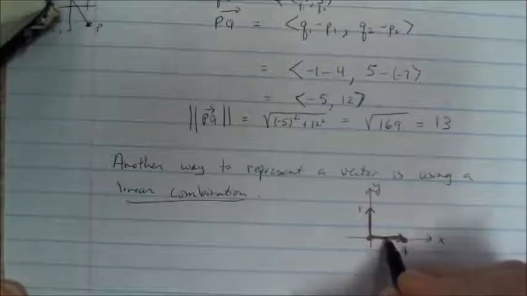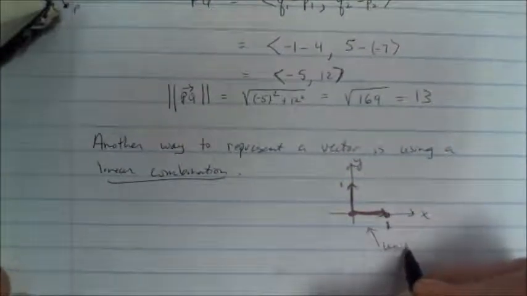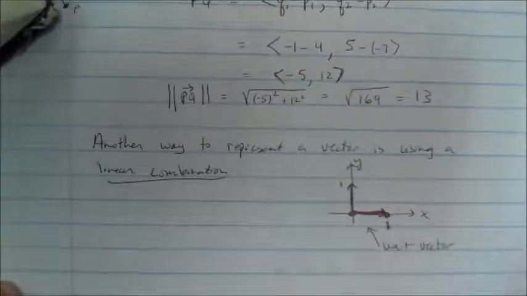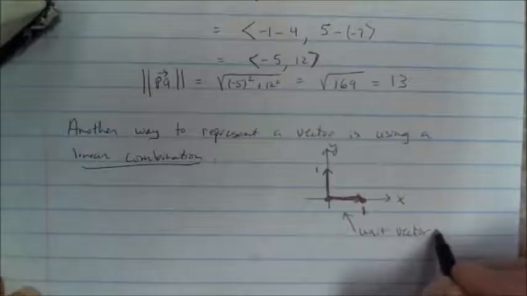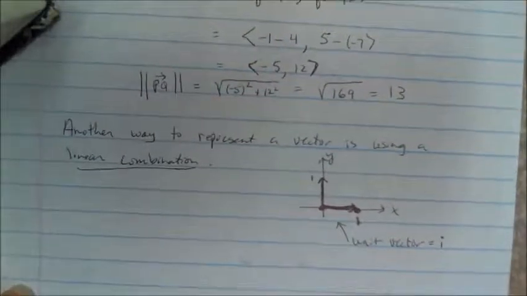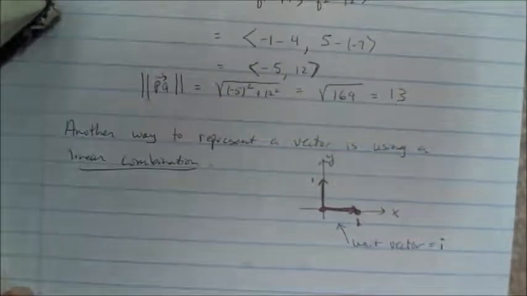So this vector right here, this unit vector with the terminal point at 1, 0 is called i. Just a lowercase i. It's not the imaginary unit i, but it's just i.